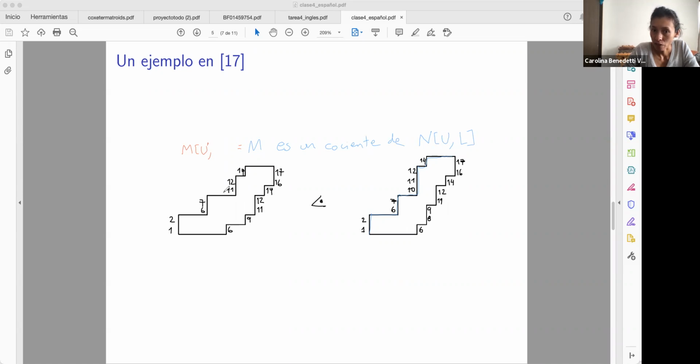And in this case, they differ only by one element. So here, U prime is obtained from U by removing 10.